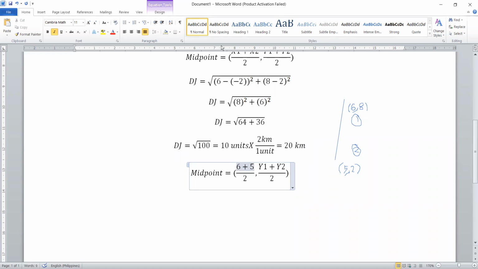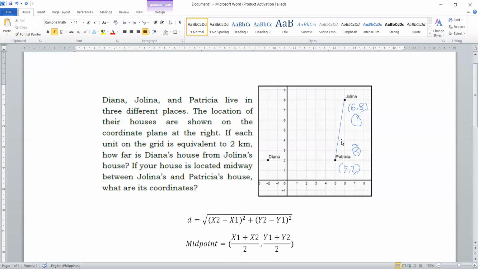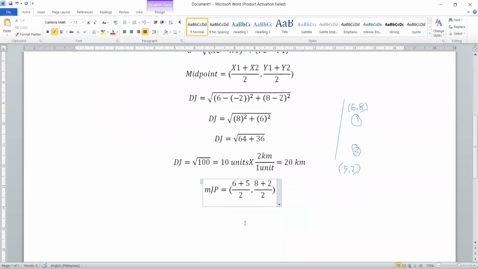Next, y1 is 8 and y2 is 2, so that's 8 plus 2. So the midpoint of Jelena and Patricia is, let's simplify this. 6 plus 5 is 11, and 8 plus 2 is 10.